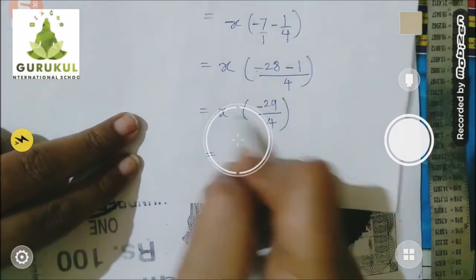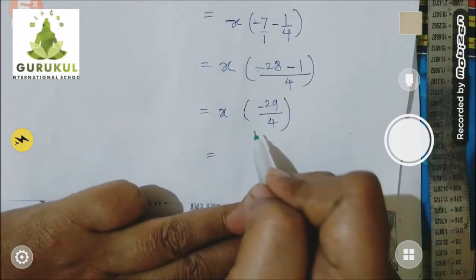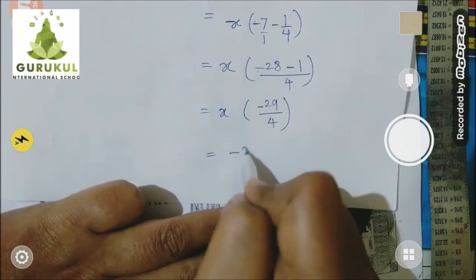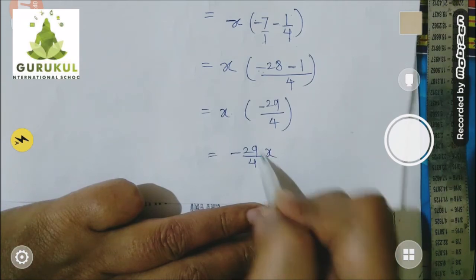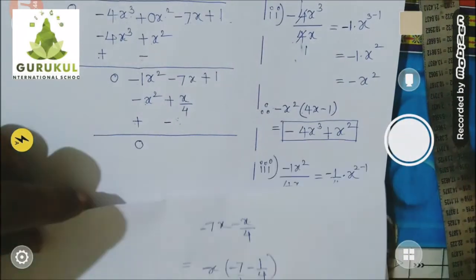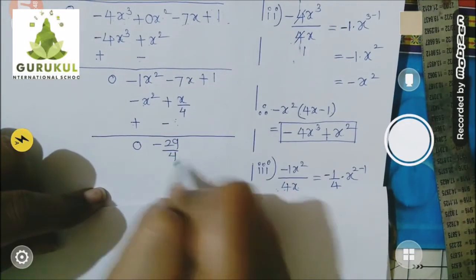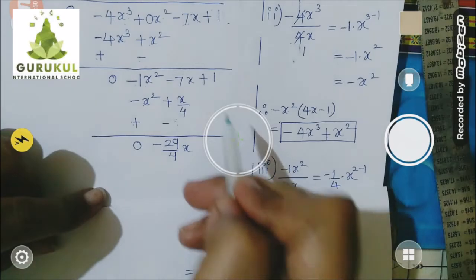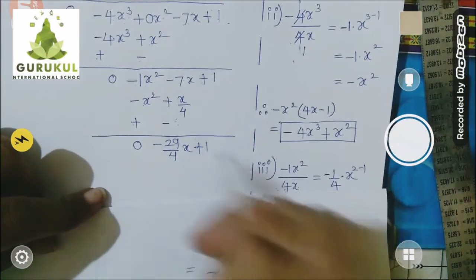So now this is x into 29 upon 4, that means it is minus 29 upon 4x. So this is the subtraction answer, which I am going to write over here. Minus 29 upon 4x, and the part which is not divided yet, plus 1, I will copy down.